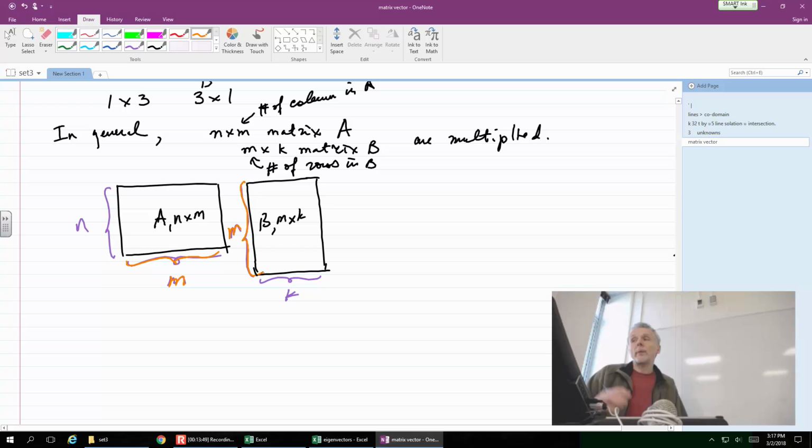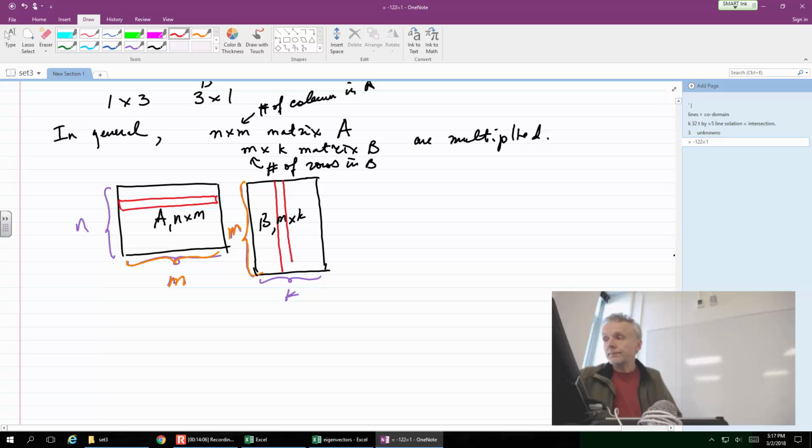So why do they have to match? Once again, to carry out that dot product, we need the length of the vectors to match. So if I pick a row here, it will be dot multiplied by a column there. One by one.